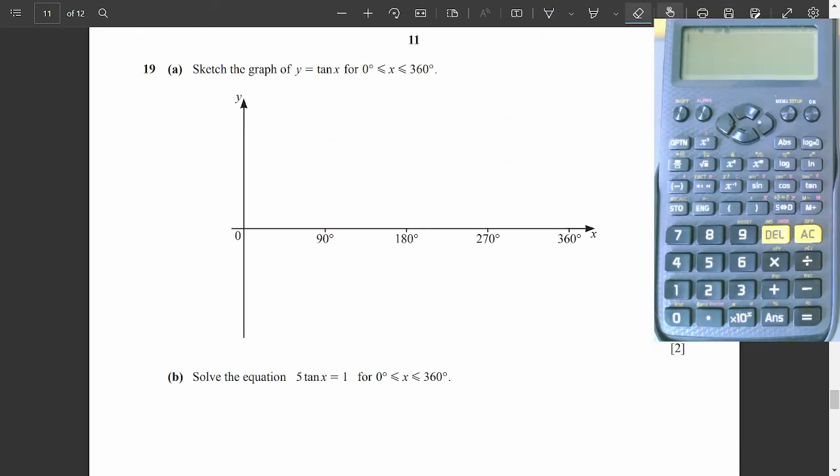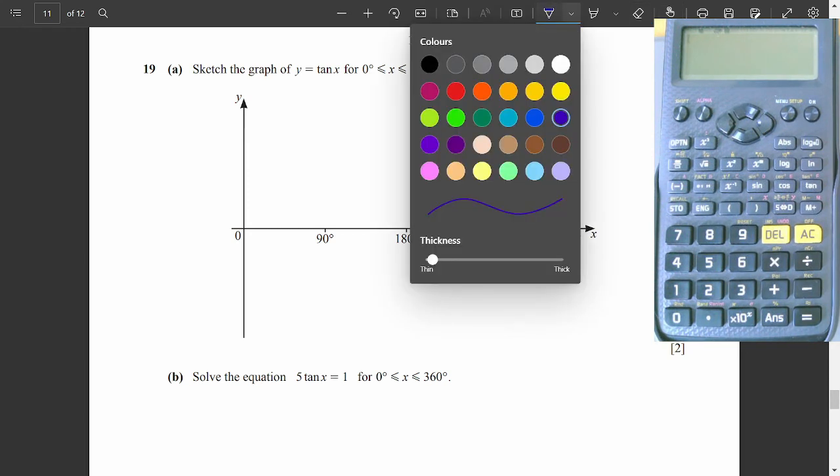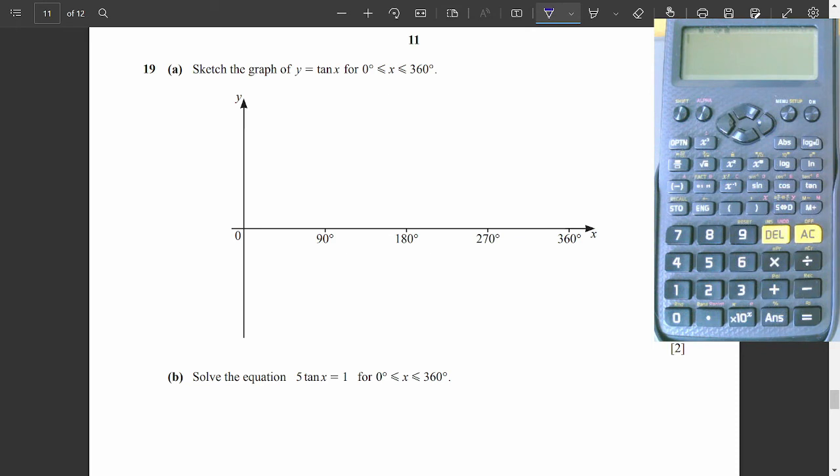Question 19, they ask us to graph the y equals tan x graph. If you can remember what it looks like and just do it straight away, brilliant. But if for any reason you've forgotten the shape of the graph or you're not sure, we can always check where it crosses the x-axis and what its shape is like by slotting values into a calculator.